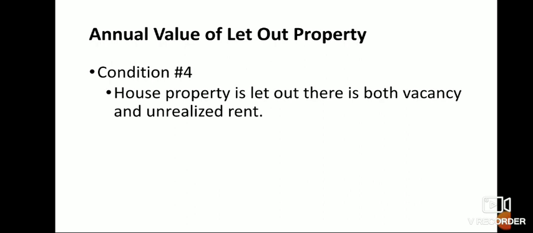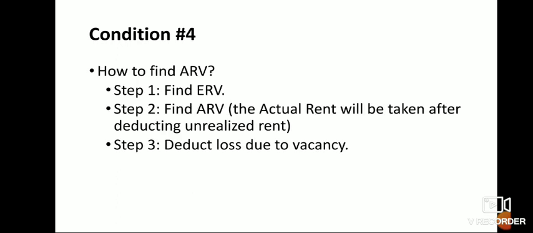Fourth condition. The house property is let out. There is both vacancy and unrealized rent. Condition number 4, how do we find ARV? Here again, in this situation, there is both vacancy and unrealized rent.